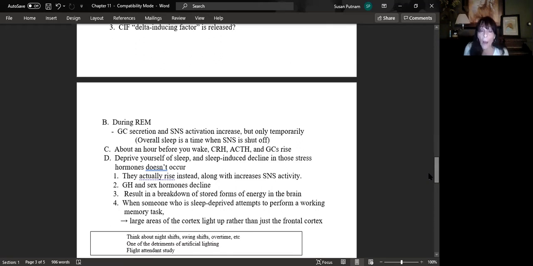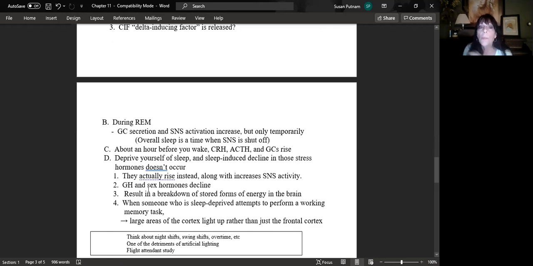And about an hour before you waken, CRH, remember CRH, corticotropin releasing hormone from the hypothalamus, then ACTH, adrenocorticotropic hormone from the anterior pituitary, and then ultimately glucocorticoids all rise. This is called a cortisol awakening response, and it prepares you for changing gear, for going from metabolically very quiescent, muscles and everything, to facing the day, if you will.